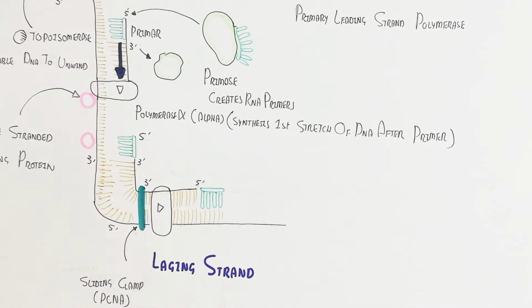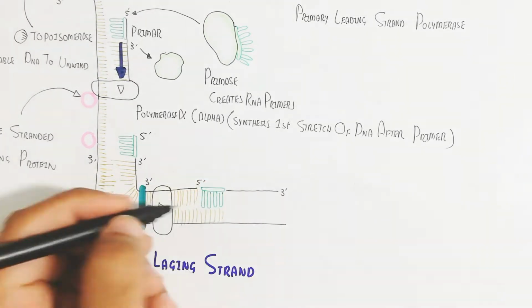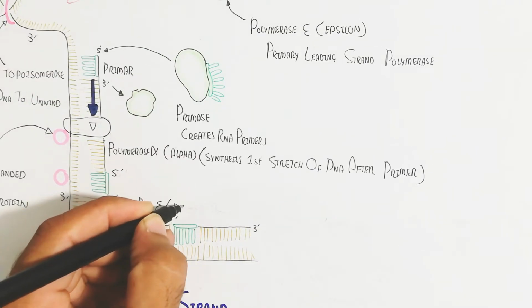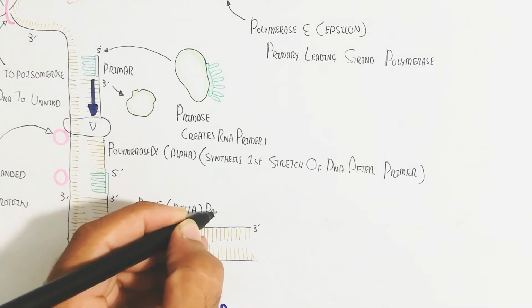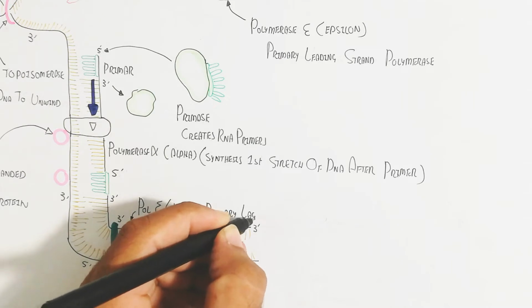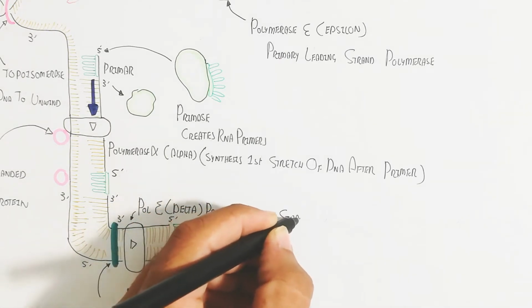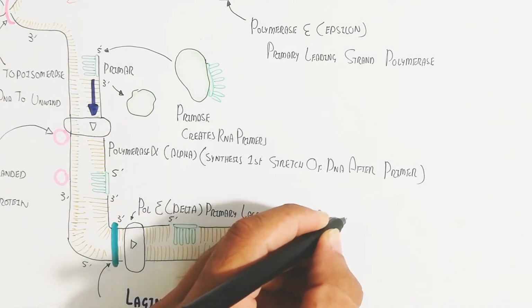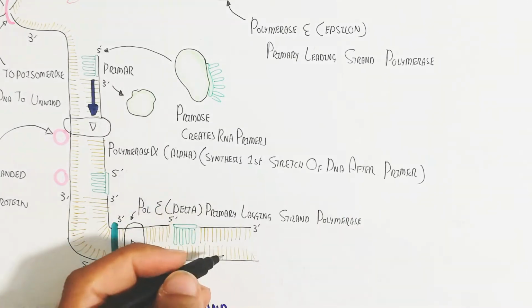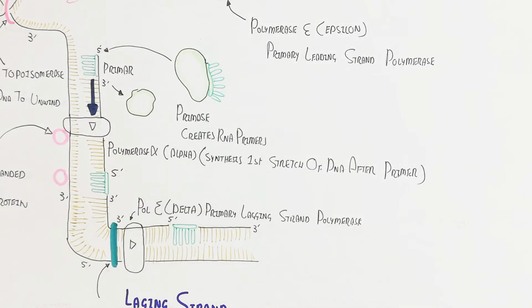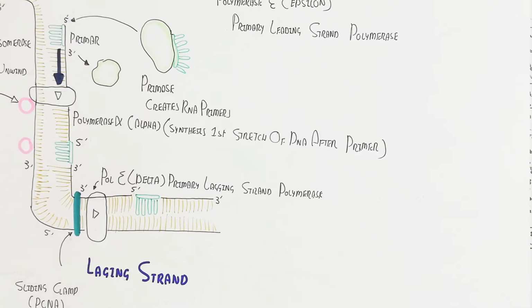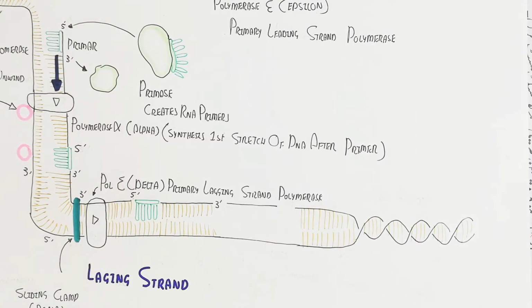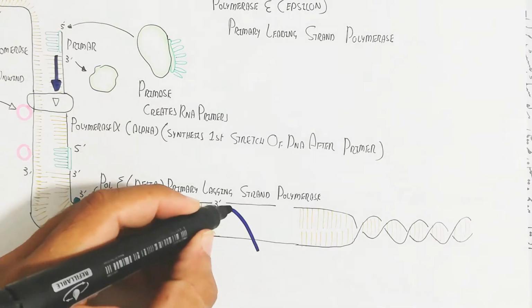The sliding clamp is also attached, leading to polymerase delta, which is the primary lagging strand polymerase, for polymerization and addition of nucleotides. After this, the primer is left behind. This primer is made of RNA, so it should be removed. After removal of the primer, the Okazaki fragment is left behind.